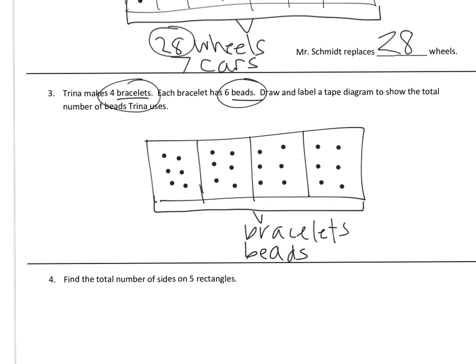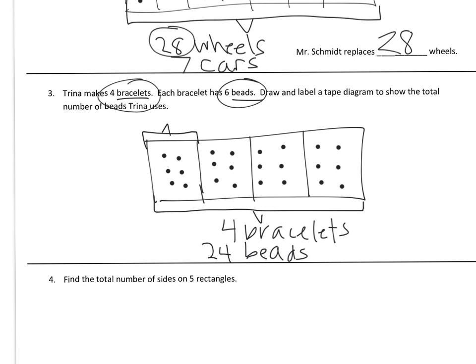How many bracelets are there? 1, 2, 3, 4. How many beads? It's kind of hard to skip count by 6s, but let's think. 6 and 6 is 12. 12 plus 12 is 24. So there are 24 beads.